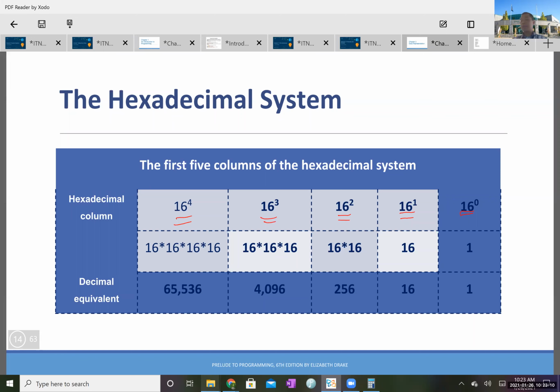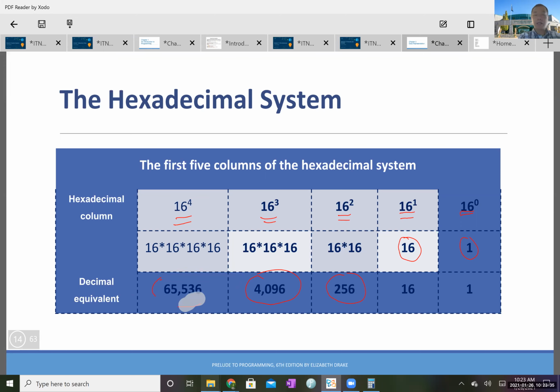The first column is 16 raised to 0, which is always 1. 16 raised to 1 is 16. 16 raised to 2 is 16 times 16, which is 256. 16 raised to 3 is 4,096, and the next one is 65,536.